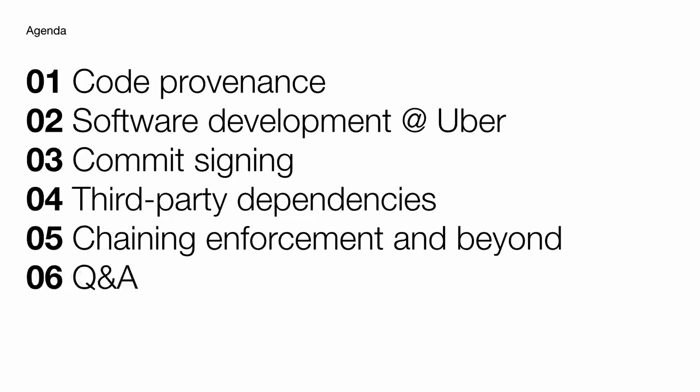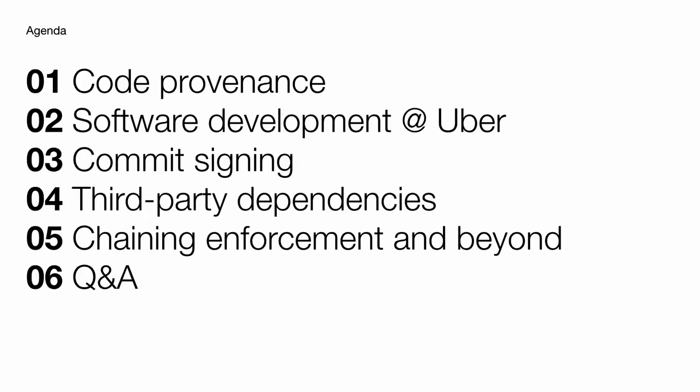And then we'll dive into some examples, commit signing and third-party dependencies, to get all the fun learnings and experiences we got from that. And then we'll wrap it all up by taking a look at how we utilize these foundations in order to build and chain enforcements all along the software development lifecycle. And of course, we'll leave some time at the end for some Q&A.